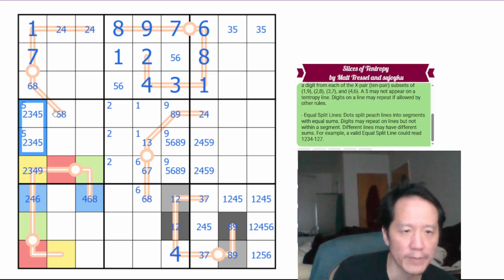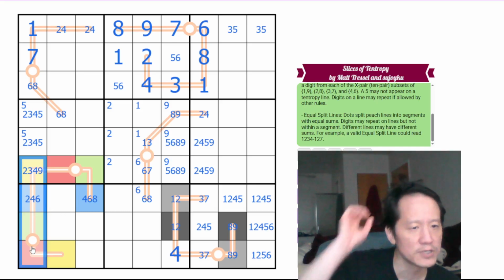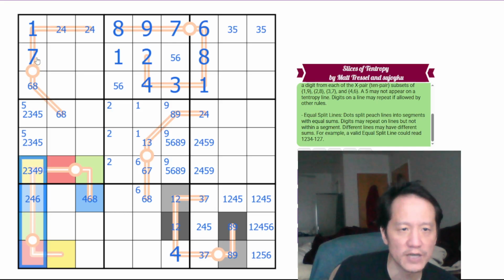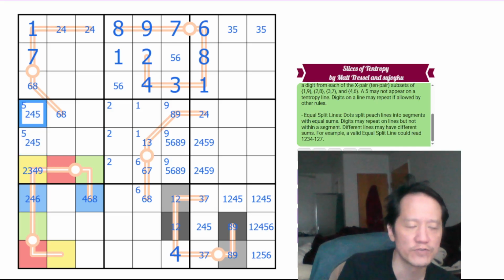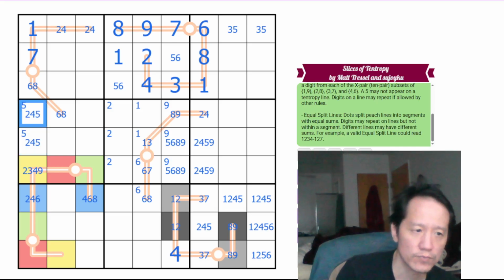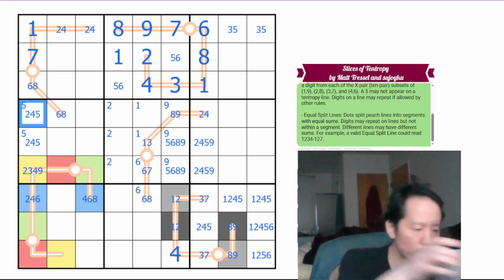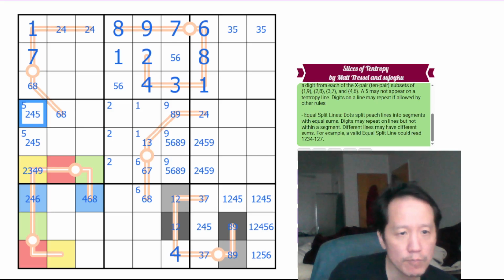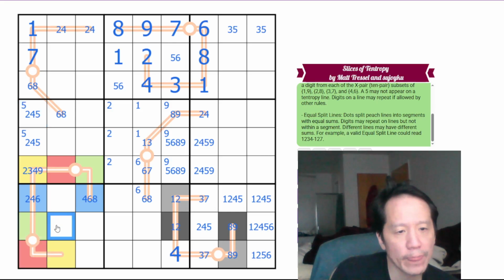Similarly, 3 cannot be here because 3 must be one of the pair subsets, right? Because 7 cannot be here. So this can't be 3. This matches then 2 or 4 here. So the other 6 or 8 must be one of these 2 digits. There also must be a 9 in one of these.